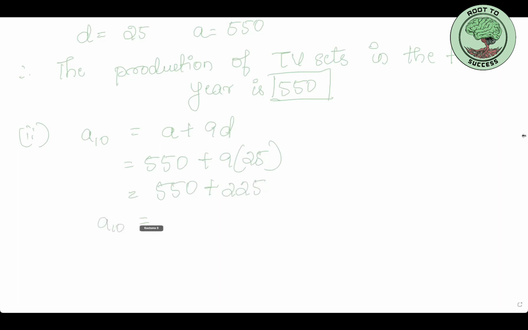So a10 will be 775. So the total production in the 10th year is 775 TV sets.